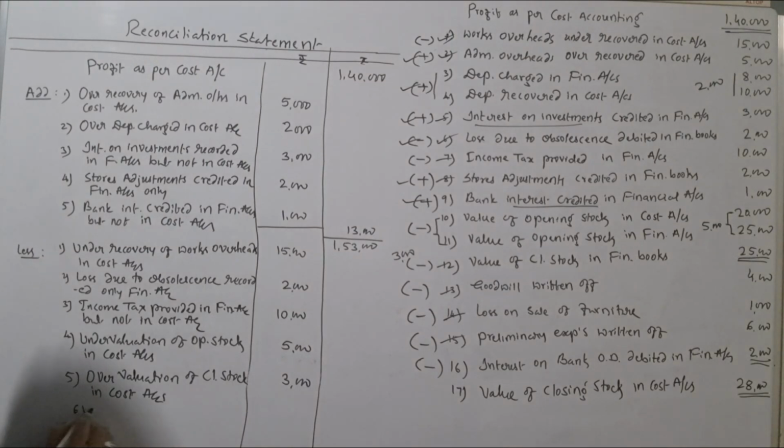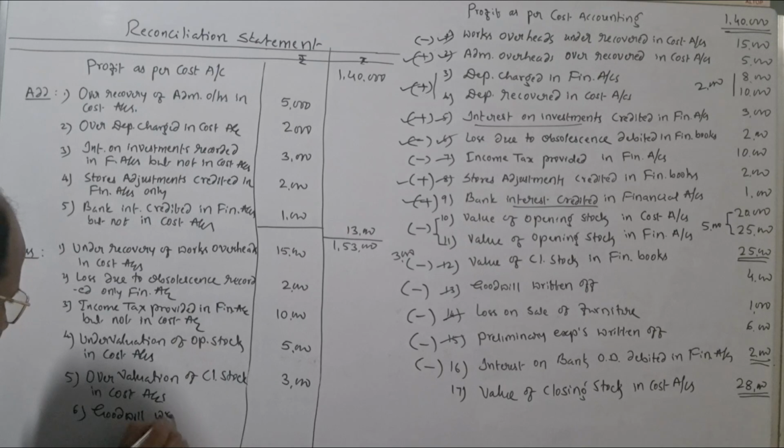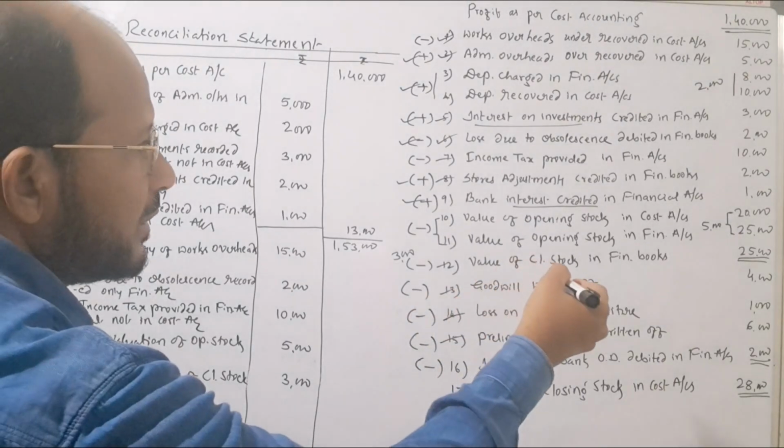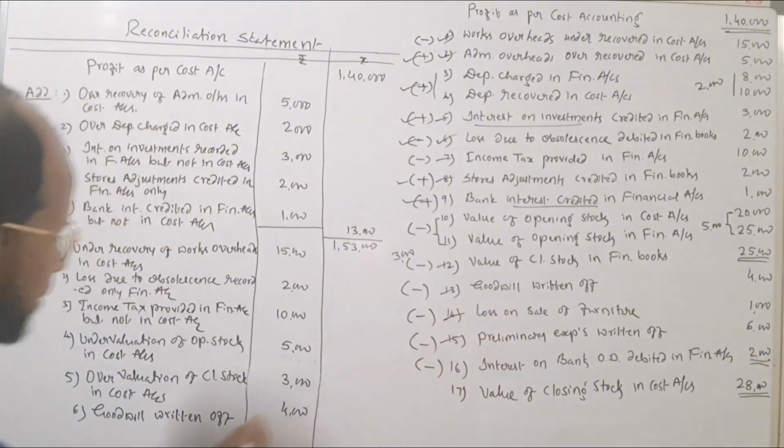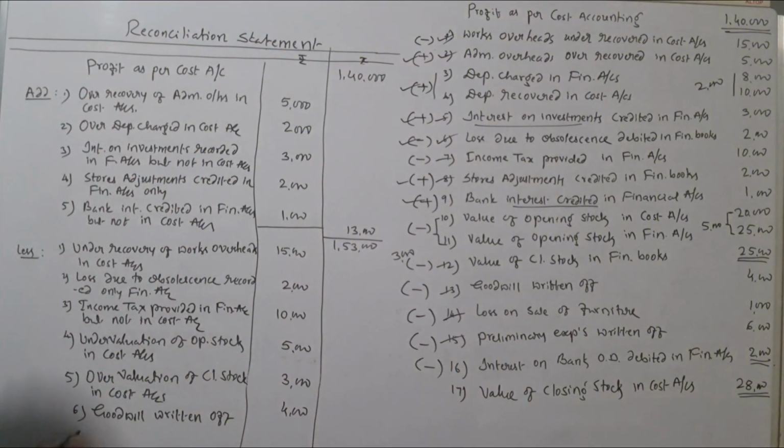Next one is goodwill written off. Number 6. Goodwill written off in financial books. What is the amount here? 4,000. Next one is loss on sale of furniture. Number 7.